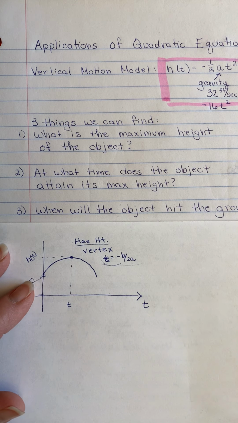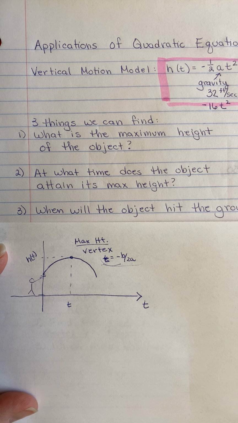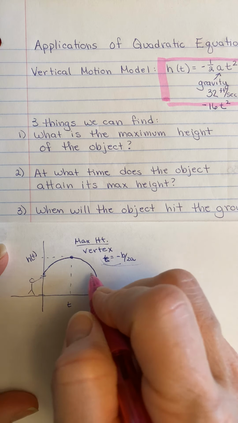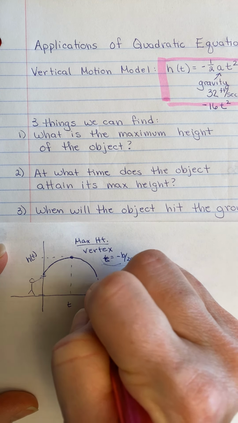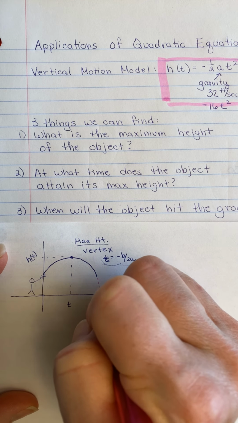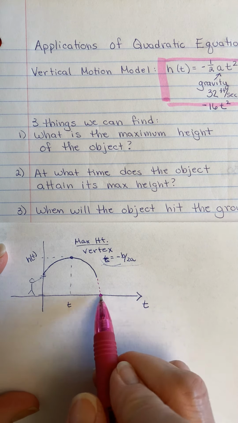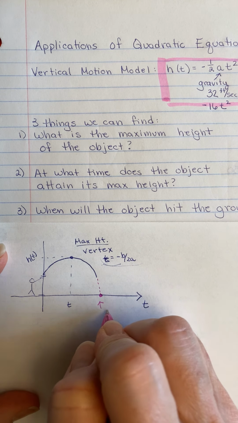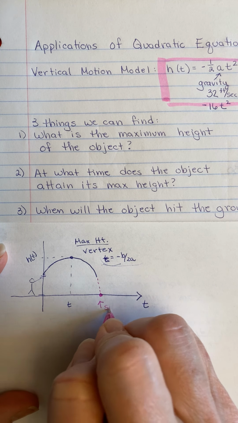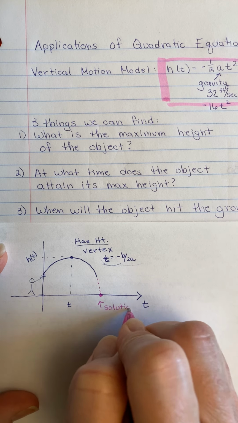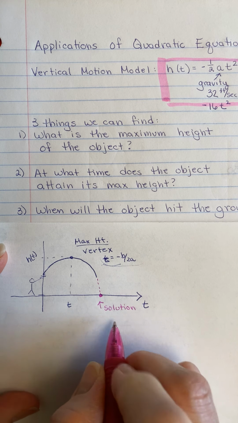We can also find when will the object hit the ground. Well, let's take a look at that. Someone might catch this ball, but if this ball were continued to hit the ground, what does this look like graphically for you? Isn't this a 0 or a root or a solution? And how do we find solutions?